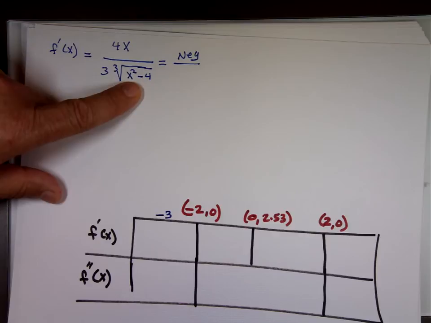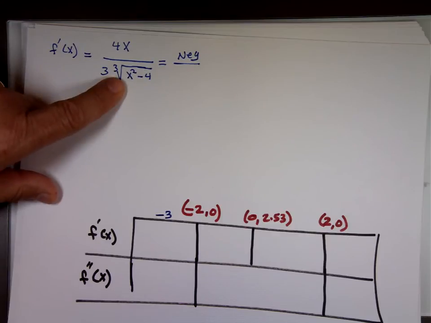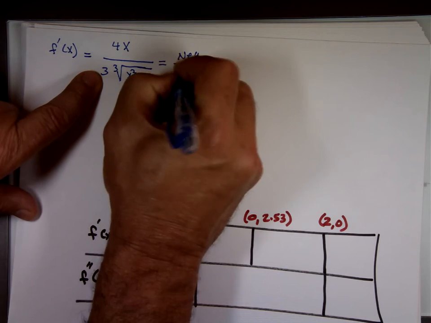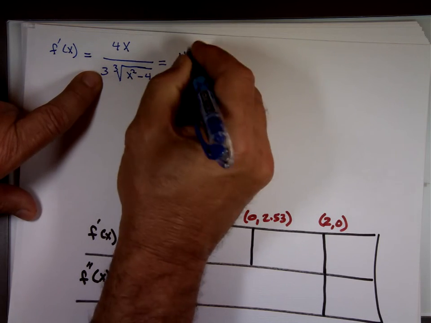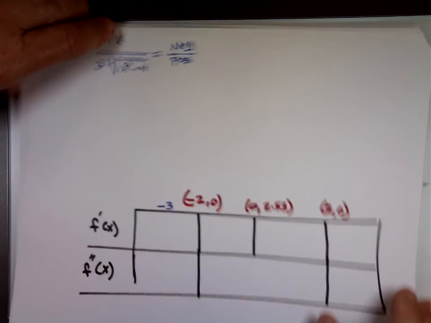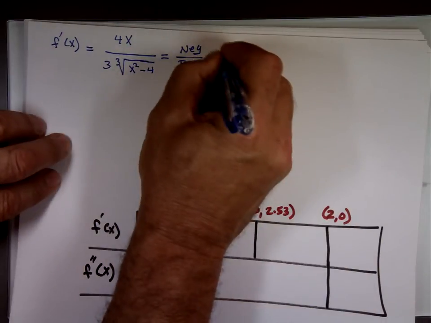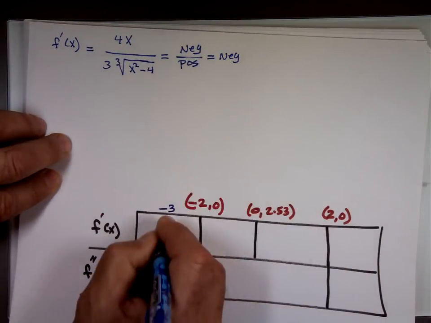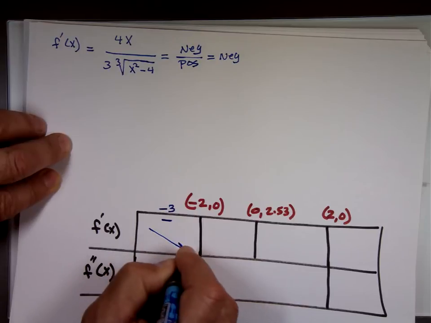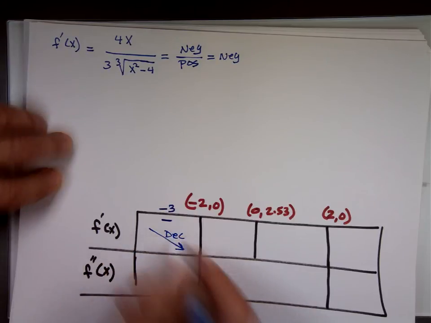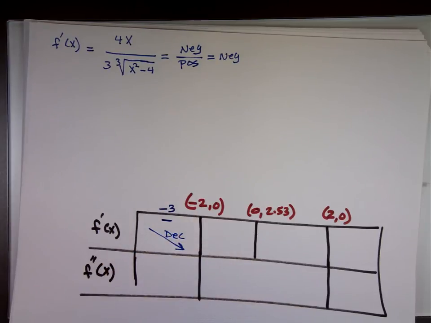The cube root of a positive number is what? Positive. Times 3, that's also a positive. What's a negative divided by a positive? Negative. That is decreasing. The derivative is negative, it is decreasing.